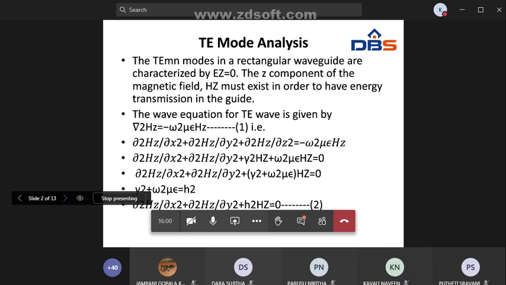That means it has the minimum cutoff frequency. What is a degenerate mode? Some of the higher order modes having the same cutoff frequency are called degenerate modes. So that is about dominant mode and degenerate modes.